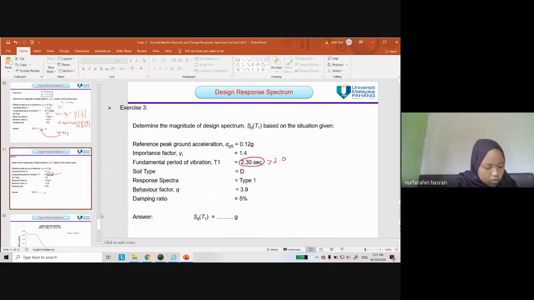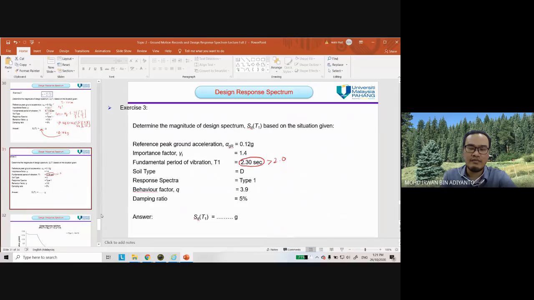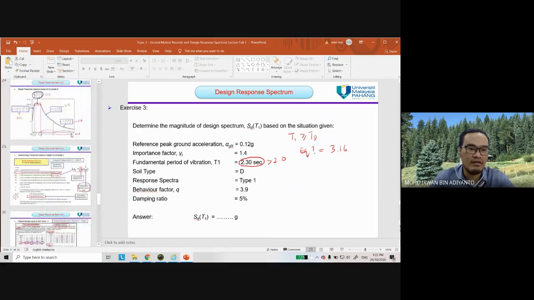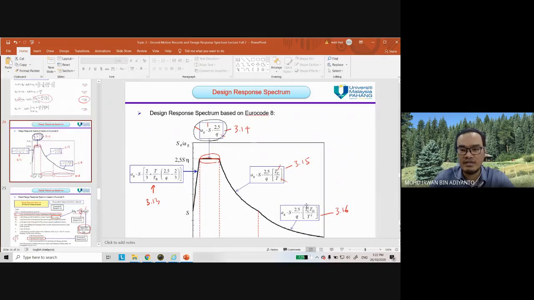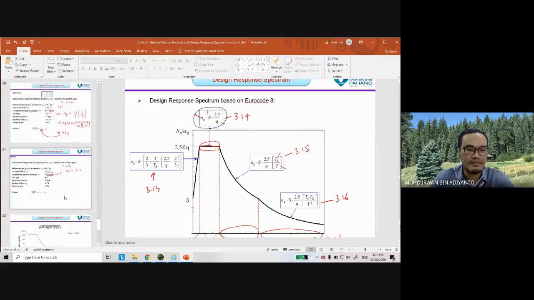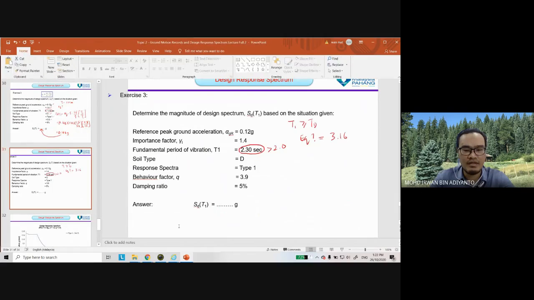So for T1 greater than or equal to TD, which equation do we have to use? 3.16. Yes, we have to refer to equation 3.16. By referring to this figure, this is the equation. I just copy it and bring it here.